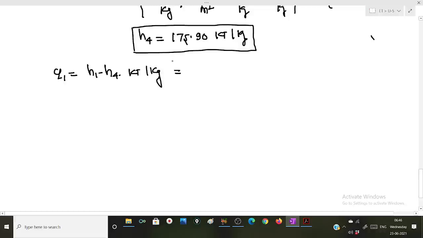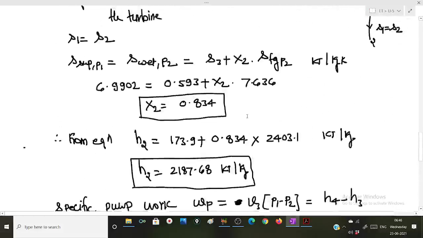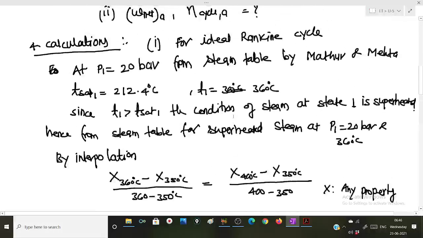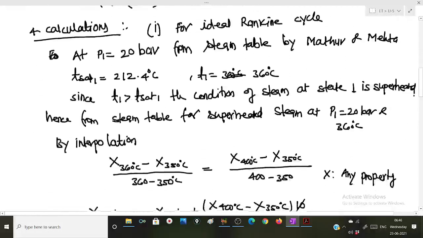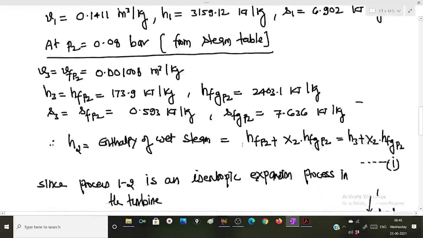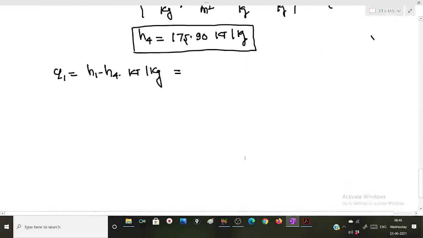The value of H1 is 3159.12 and the value of H4 is 175.90 kilojoule per kg.